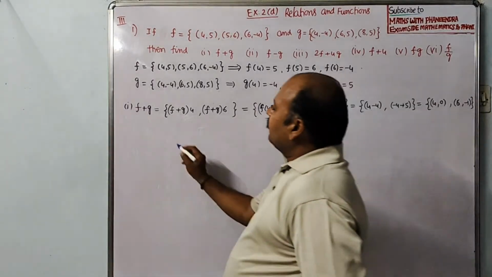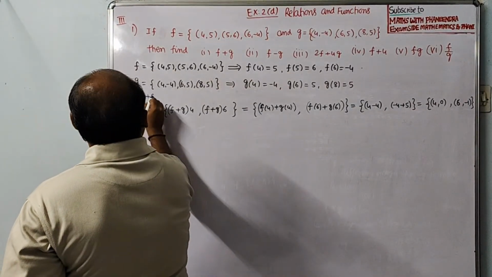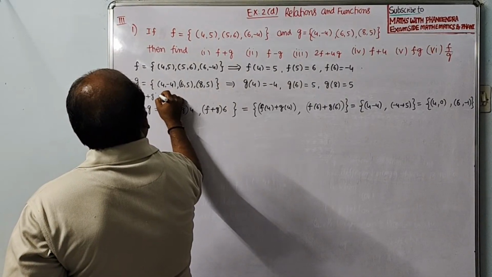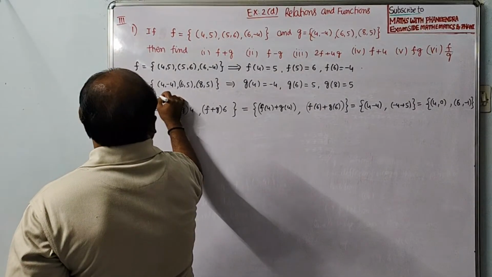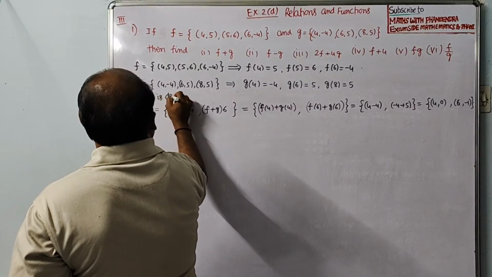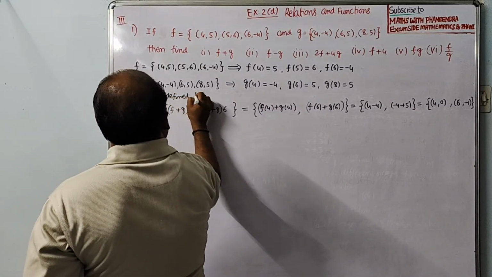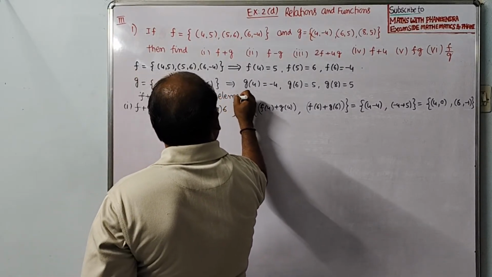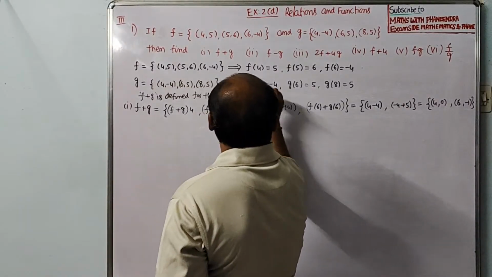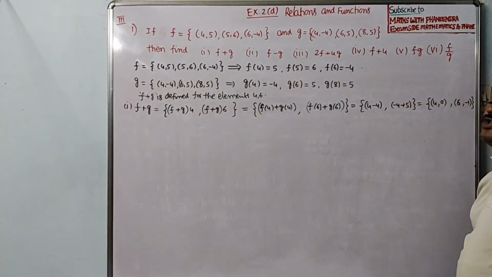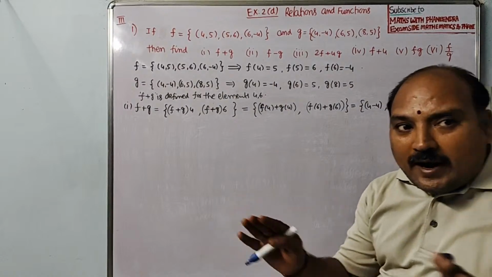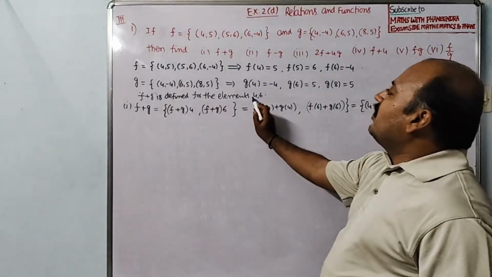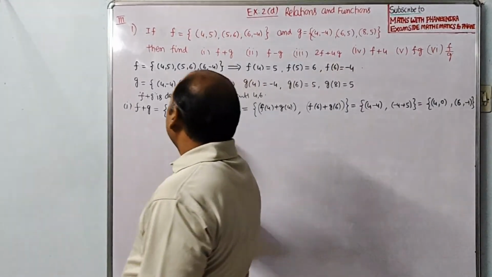Why? Because f plus g is defined for the elements 4 and 6. Why? Because the domain should be the same. Whenever you are going to add two functions, the domain of the two functions should be the same. In the domain, 4 and 6 are there. That is the reason we are doing this.